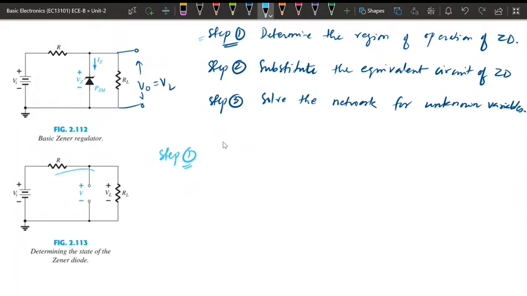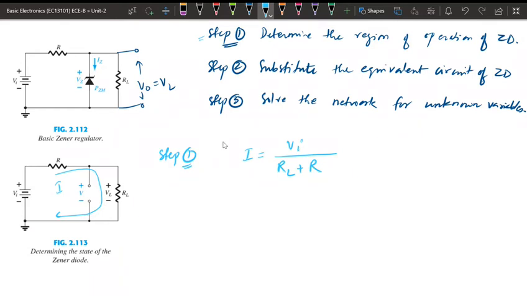If we find the current, it will equal the voltage divided by the total resistance of the circuit. So the current is Vi divided by the total resistance, that is RL plus R. This is the current flowing through this circuit.